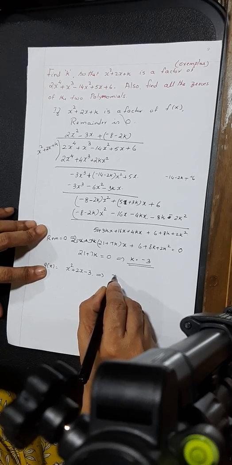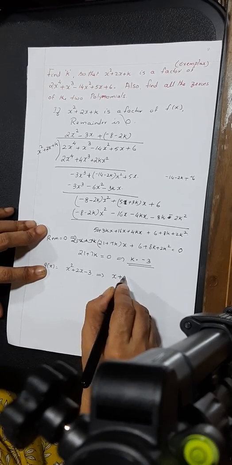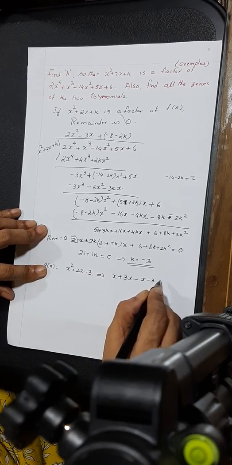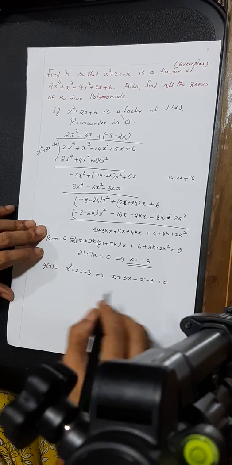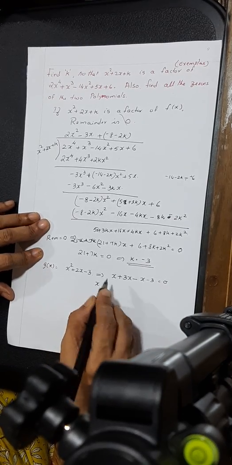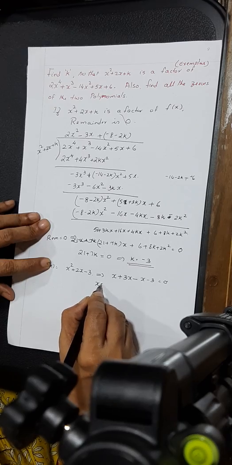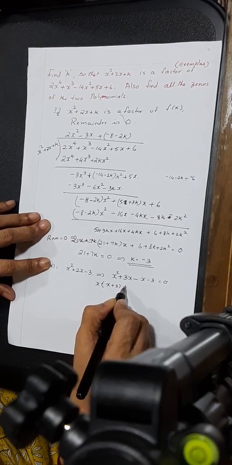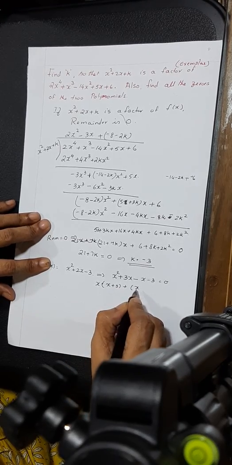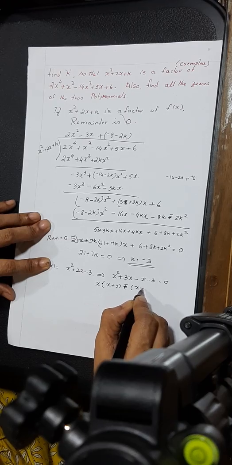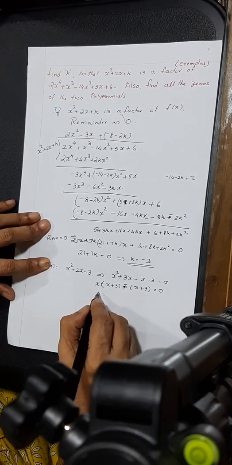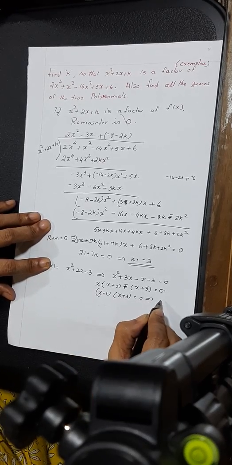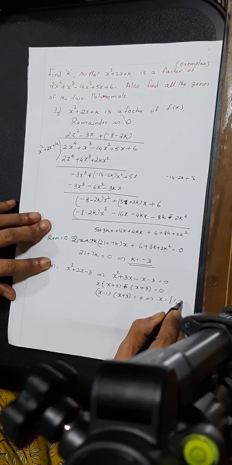So it will become x plus 3 into x minus 1 equal to 0, from which you will get x is equal to 1 and minus 3.